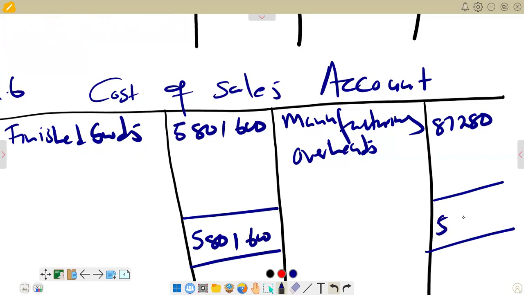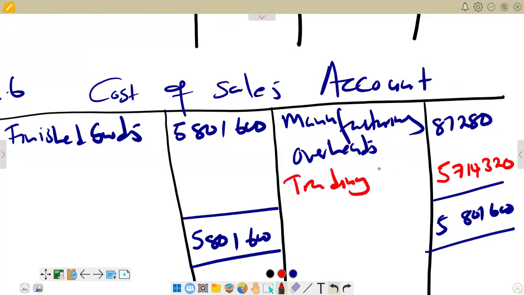So same on the credit side. Then we say now 5,801,600 minus 87,280. You're going to get your balancing figure there is 5,714,320. And obviously, this amount you're supposed to transfer to the trading account.